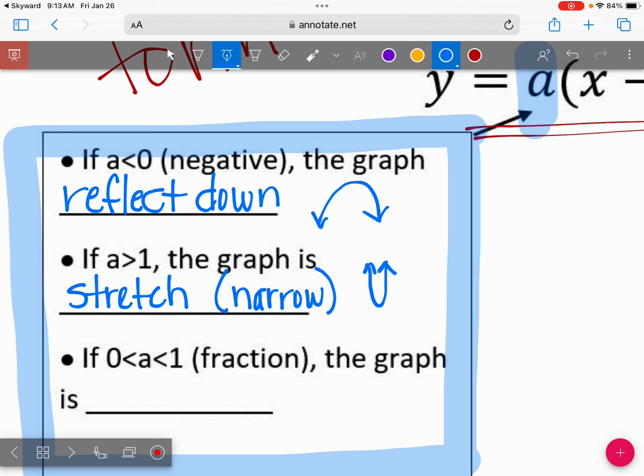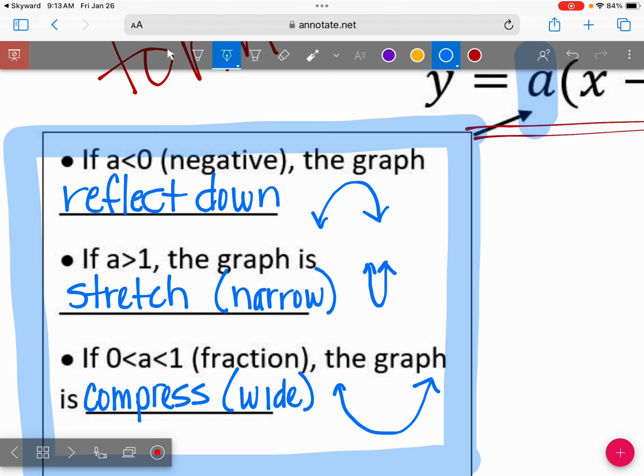Instead of it getting narrow, it's going to compress, which means it gets wide. So that's the difference. So A, that number in front of the parentheses, has 3 superpowers. It can make it flip down to a frown, it can make it get skinny or narrow, or it can stretch it out and make it wide.